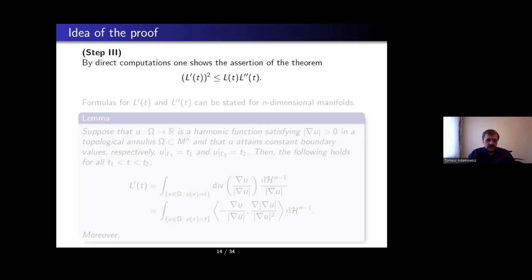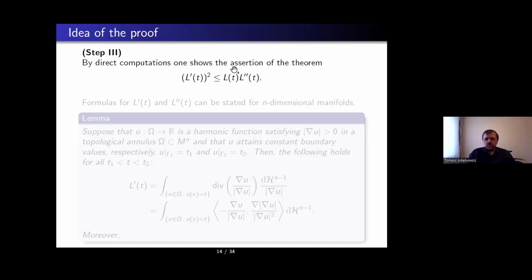And the last step of the proof for the isoperimetric inequality is the following. We may show that the first derivative of the length L with respect to the parameter t and the second derivative of L with respect to t satisfy the following inequality. And this can be done by direct computations.